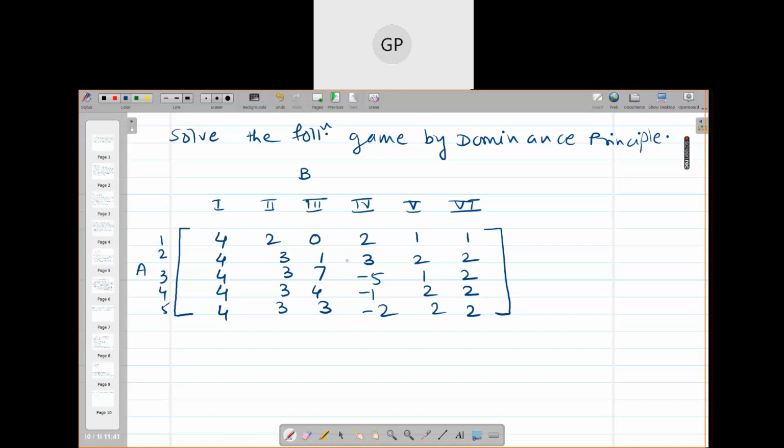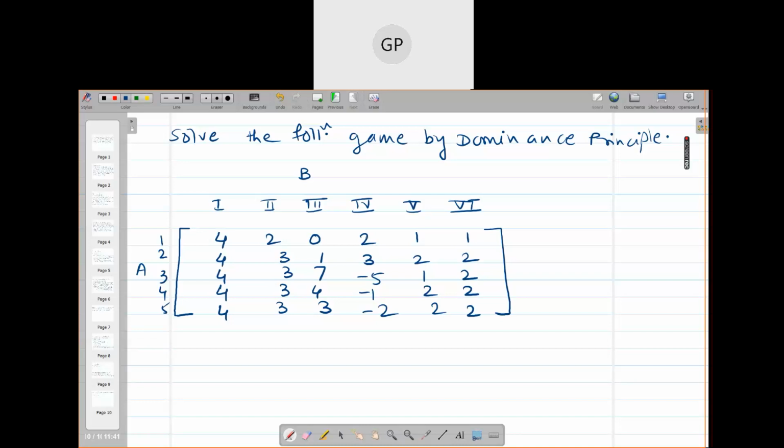Yes, any row dominance you can see, row or column dominance, can you see here? And then row 1 is dominated by row 2.